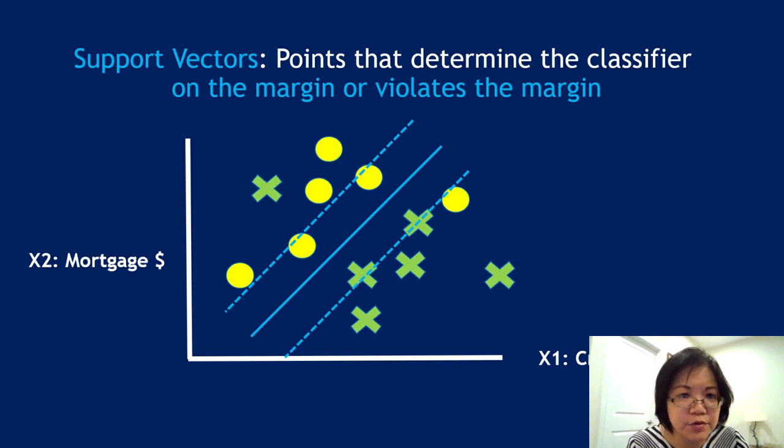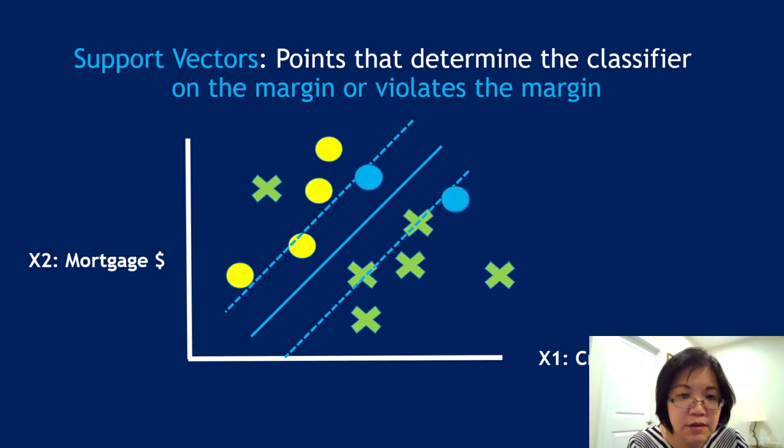Recall that support vectors are the points that determine the classifier or the hyperplane. When we have the soft margins, support vectors are those that are on the margin or violate the margin. If we look at this data set with the soft margins, you will see a bunch of violations.